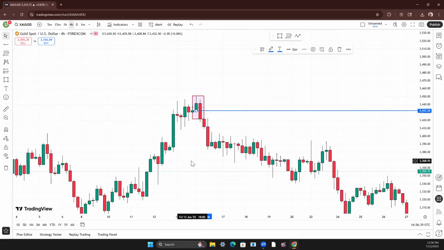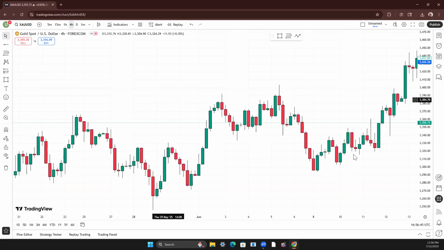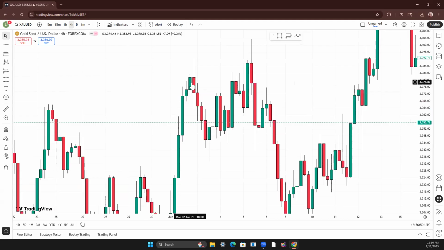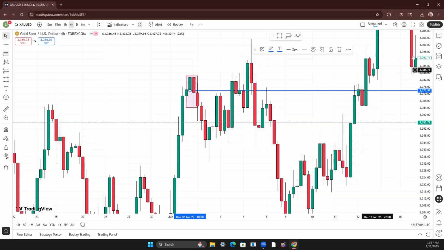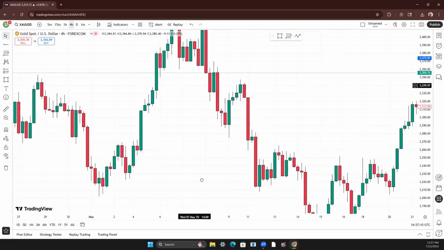I'm going to share with you exactly what I'm talking about, but let's go through some historical data. We can see one here, right? So we're going to box it. Then we're going to put a line underneath the green candle. We're going to continue to do that. I'm going to show you the surprise in a moment.